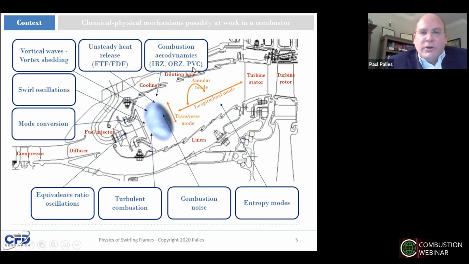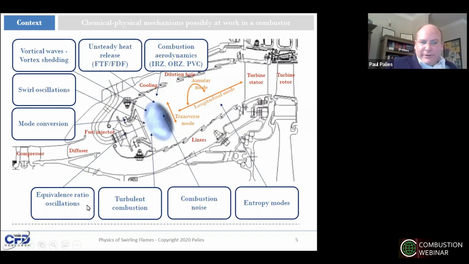You can have a precessing vortex core, and under unstable conditions, you can have an unsteady heat release that is harmonic in nature, that can be due to vortical waves, vortex shedding, swirl oscillation induced by mode conversion occurring at the swirler or at the backplane of the combustion chamber.